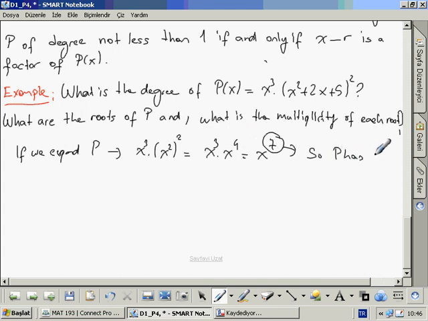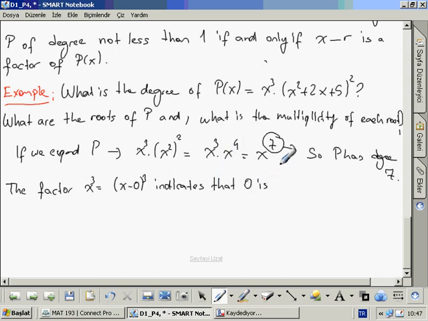So we can say p has degree 7, and the factor x cubed, that means (x minus 0) cubed, indicates that 0 is a root of polynomial p having multiplicity 3.